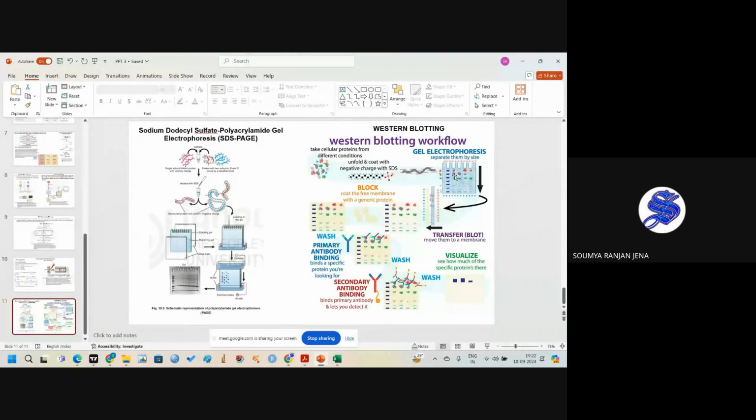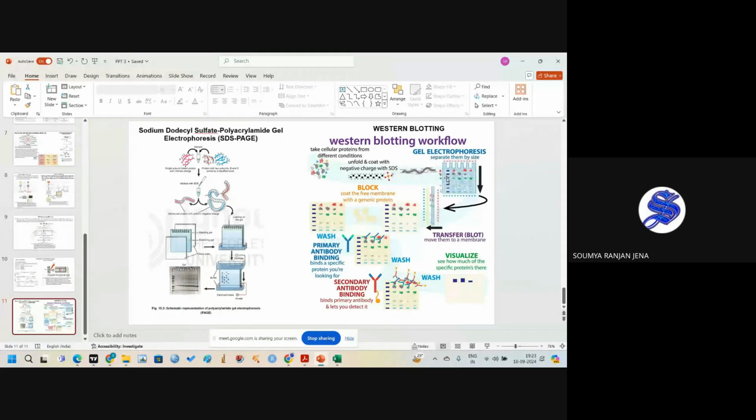The smaller proteins move faster, and the larger proteins are here. Suppose this is 200, this is 150, this is 100, this is 80, this is 30, 20, 10. The three bands above are 200 kilodalton protein. This is 150 kilodalton protein.